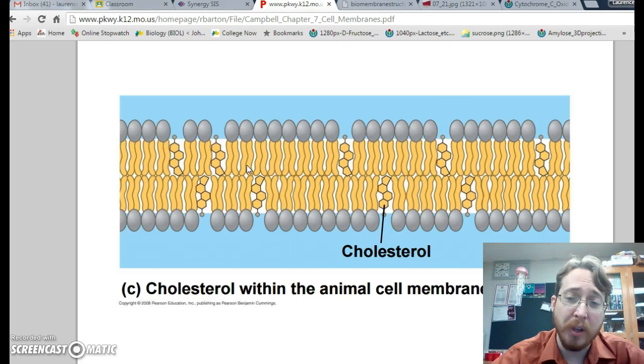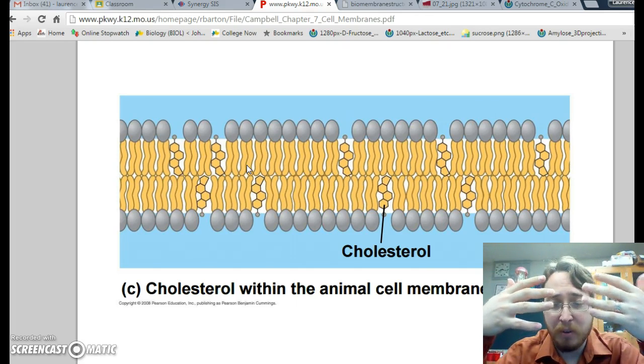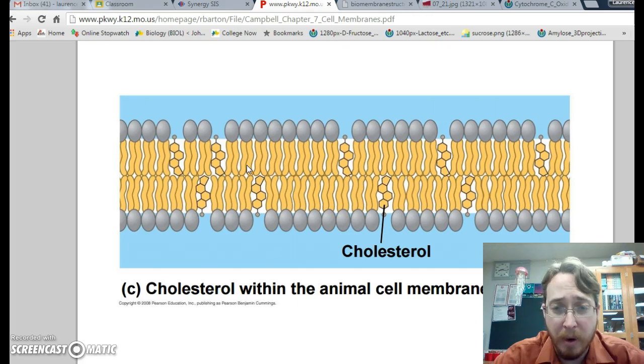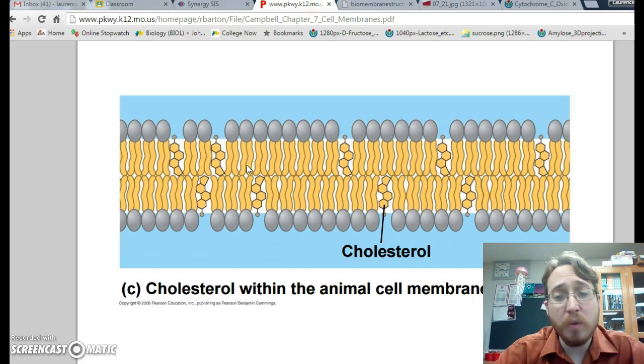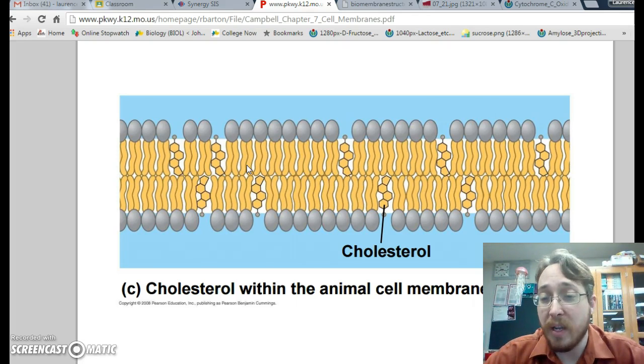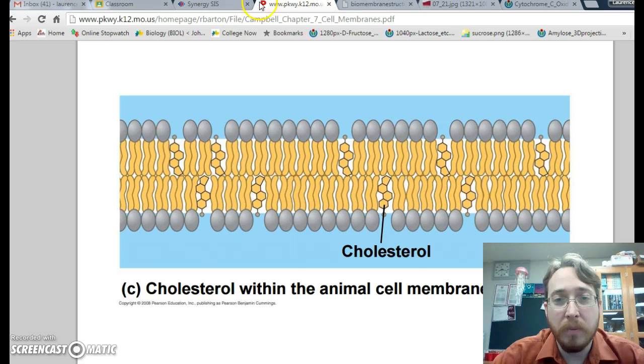So when temperatures get really cold, the phospholipids can't lock together in this solid crystal structure that happens with solids, because there's cholesterol in the way. It takes it longer. There has to be less temperature for it to actually get to a solid state. So it actually increases fluidity a little bit at cold temperatures, but for the most part, it decreases fluidity in general. So thank you, cholesterol.